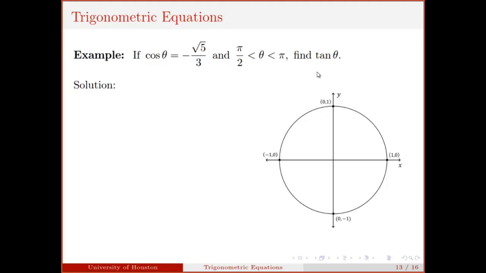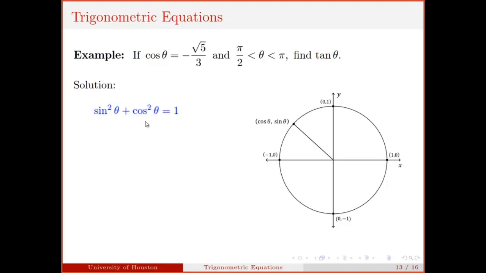First, recall that tangent theta is sine theta over cosine theta. Since we're given the value of cosine theta, we just need to find the value of sine theta. To find this value, we will use the identity sine squared theta plus cosine squared theta equals 1.